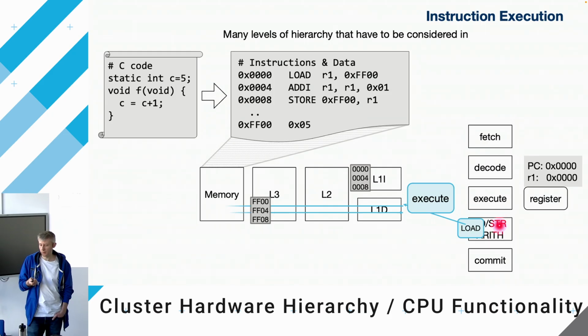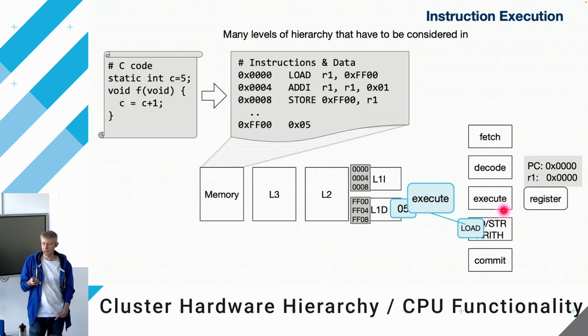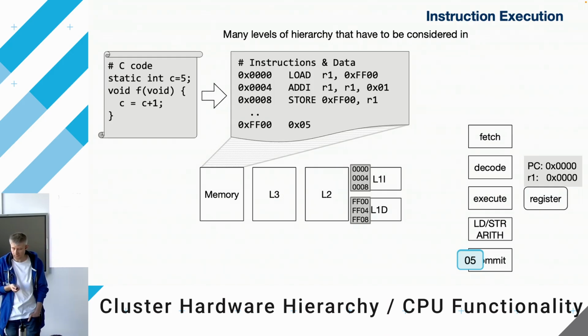And here there could be multiple instructions happening. In this case, it's a load instruction. Therefore, the execution is to have another memory request at the address that was given by this parameter. Therefore, we have to load some data from the memory into our data cache here.